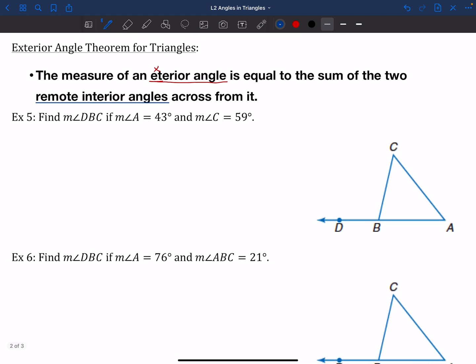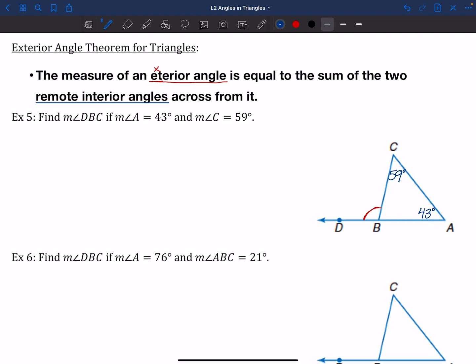What this wants us to do is find the measure of angle DBC, which is this one over, let's try that again. This one over here, that worked much better. If the measure of angle A is 43 degrees, and the measure of angle C is 59 degrees. Right? So if we have 43 and we have 59, we're looking for that one on the outside.